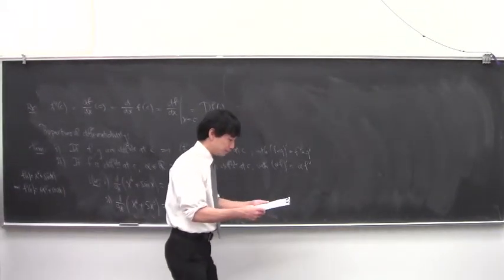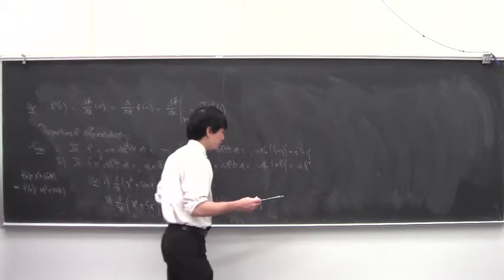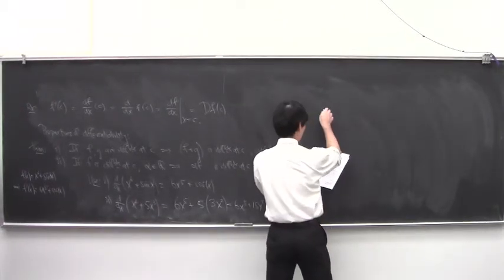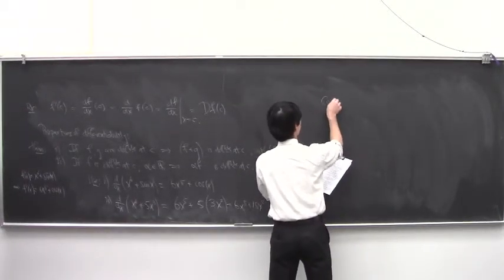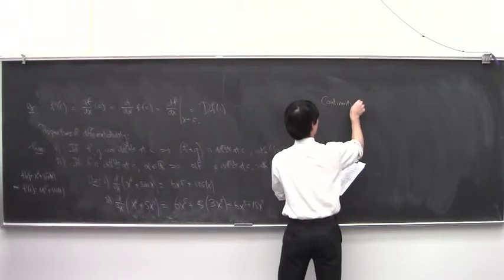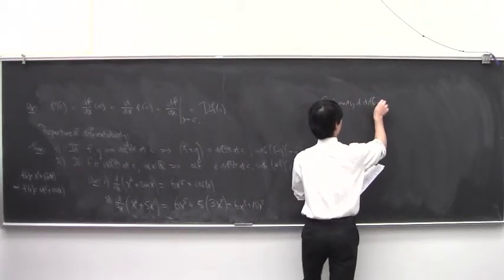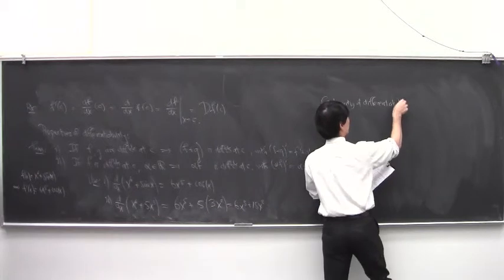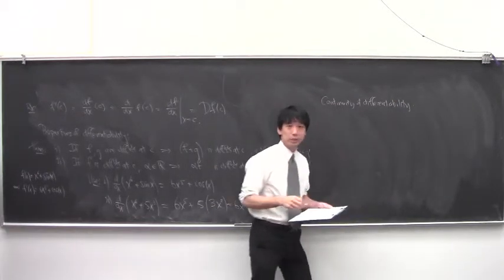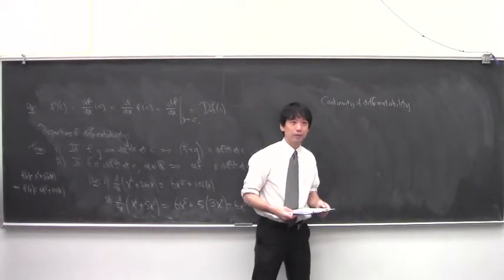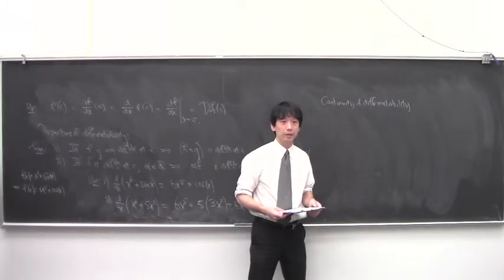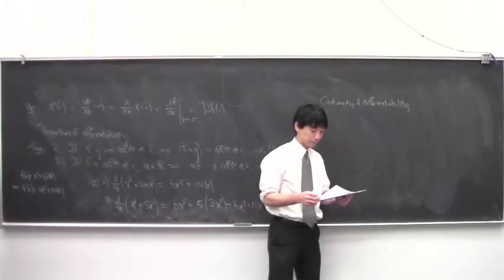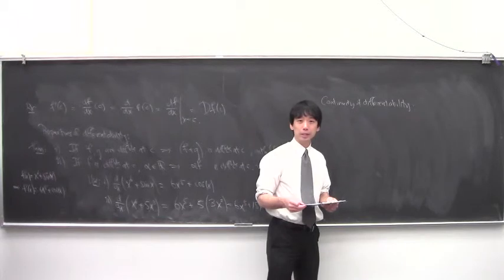Okay, let me go back to what I was going to talk about earlier, which is continuity and differentiability. Let me ask you, if a function is differentiable, what do you think? Is it continuous?